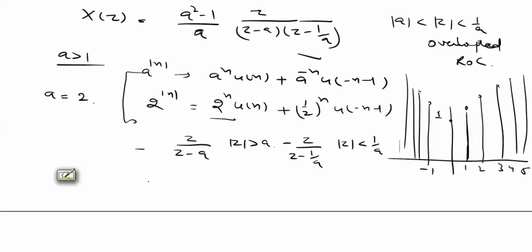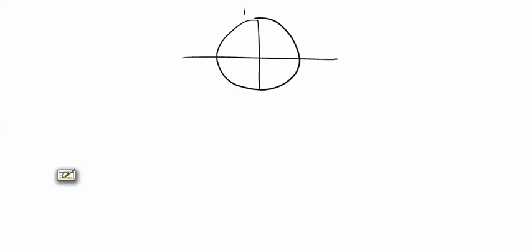By subtraction of these two, we get the result where a is greater than 1. Greater than 1 means, by drawing ROC we can understand. I draw a unit circle here, 1 radius circle. A is greater than 1, first case.